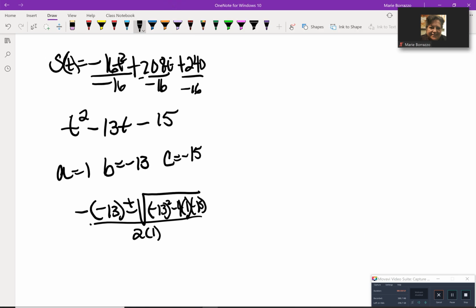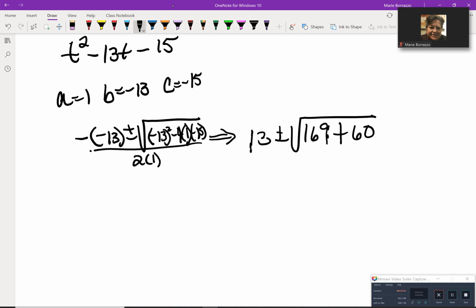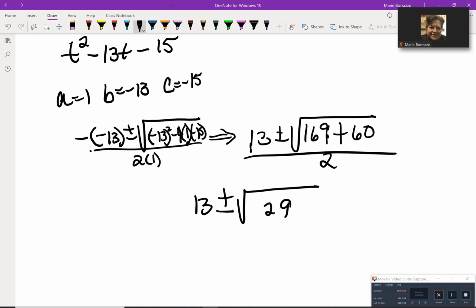So let's go ahead and simplify this, and let's see if this gives us the exact 14.1 I'm looking for. So I'm going with 13 plus or minus the square root of 169 plus 60, all over 2. Okay, so this is giving me 13 plus or minus the square root of 229 over 2. Okay, this is not looking great at this moment.